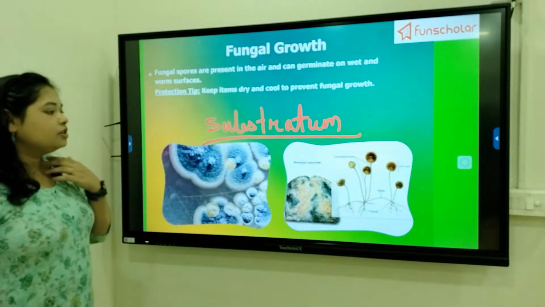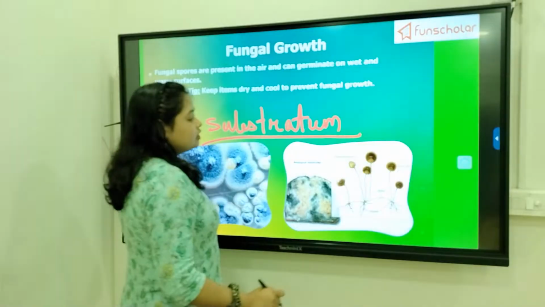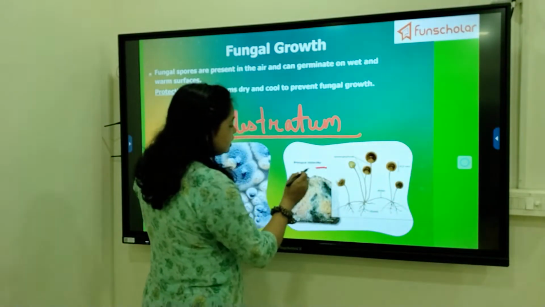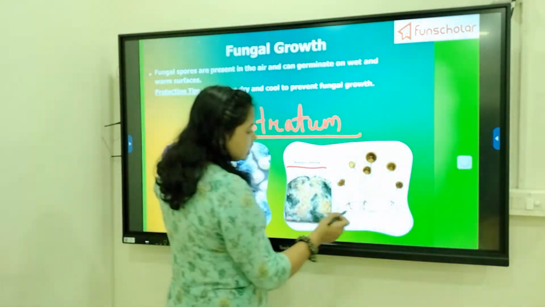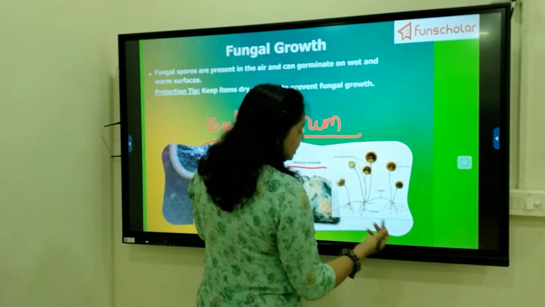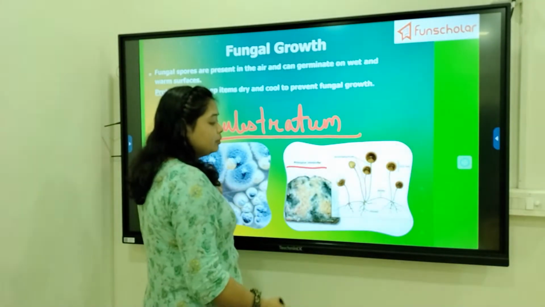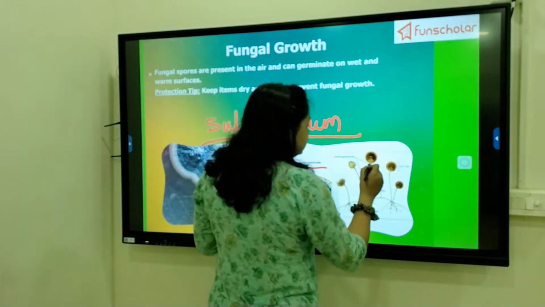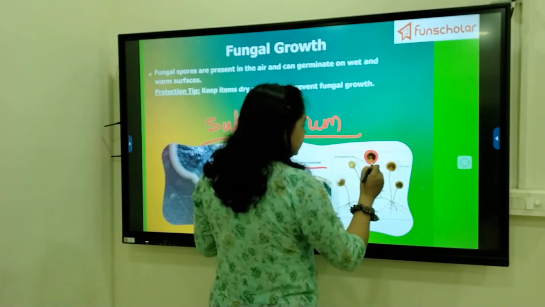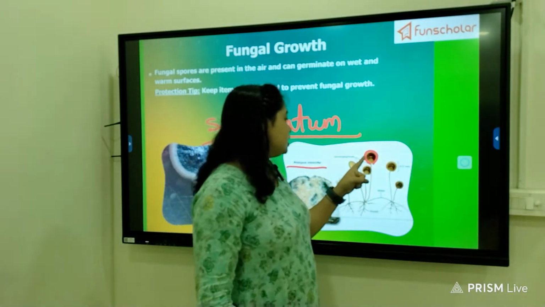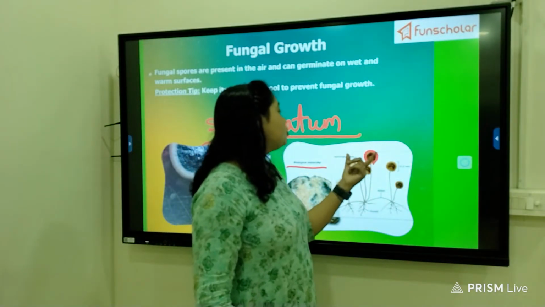And also when the fungus matures, you can see this is the structure of the rhizopus in the magnified view under the microscope. Also you will be able to see the bulbous structure, the bulbous head, which is known as the sporangiophore, that holds the sporangia.